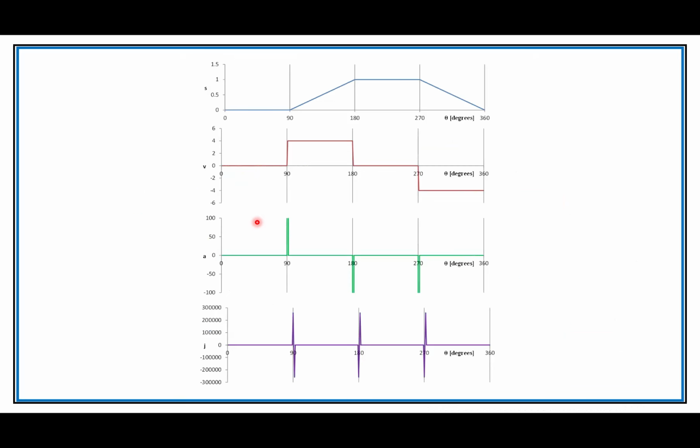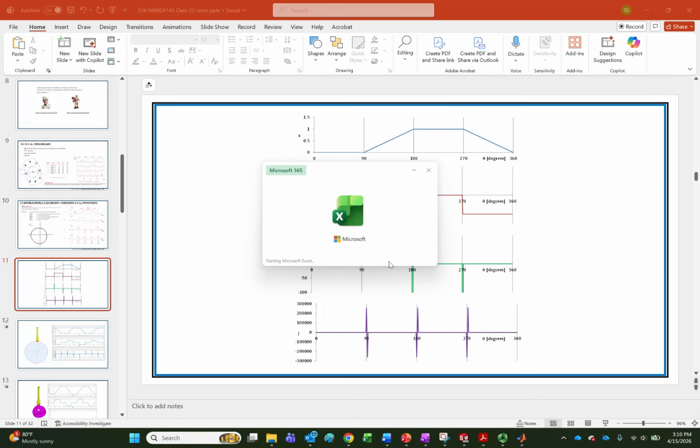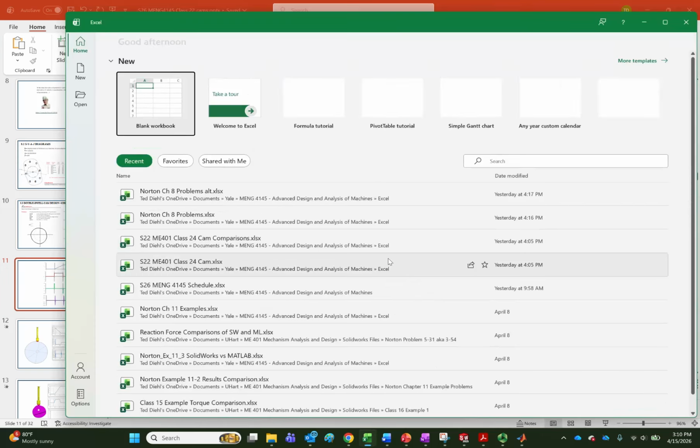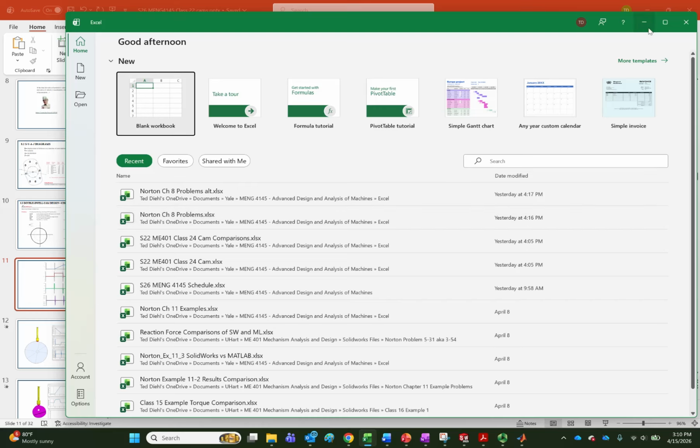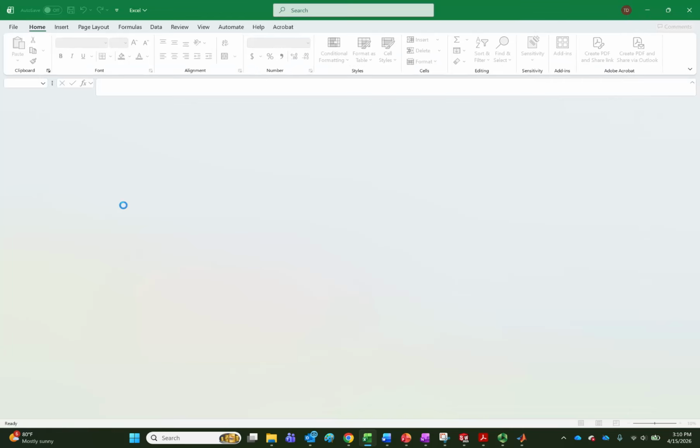And here's me doing it in Excel, and I did this in Excel in some parts because I could. Here I'll open up Excel, and I think it's the one that just says problems.